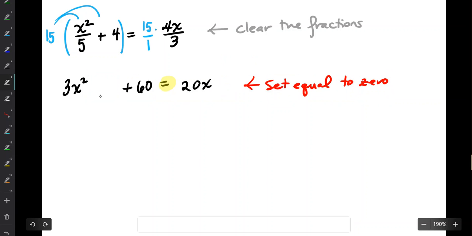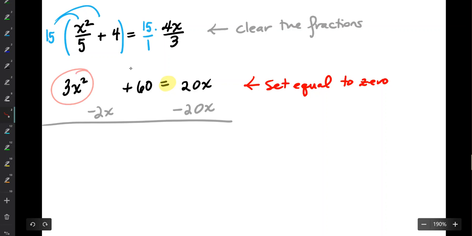There is no x term on the left-hand side, so I'm just going to give myself a little bit of space. 3x squared minus 2x plus 60 is what's on the left-hand side. And on the right side now is our 0.